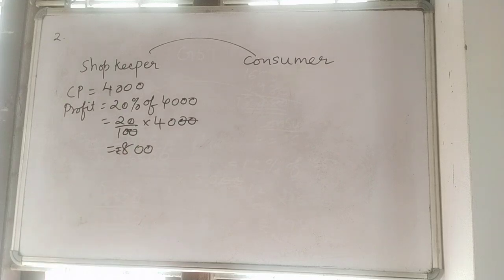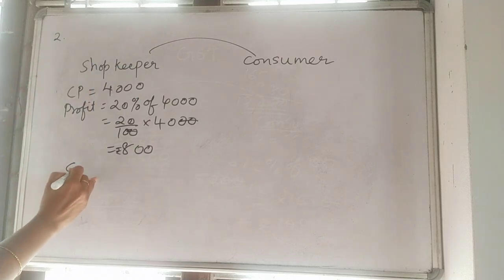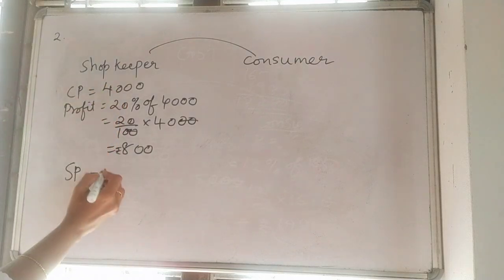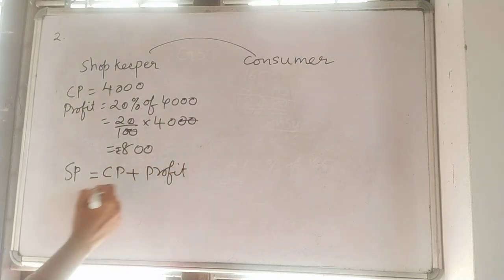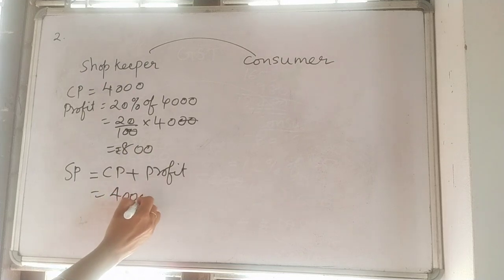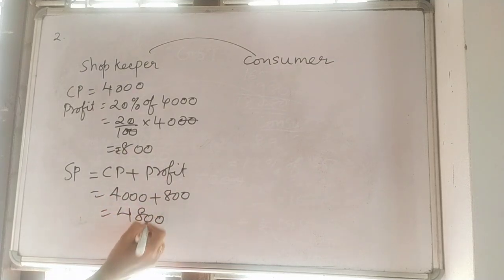So what will be the selling price of the shopkeeper? Selling price is equal to cost price plus profit, which is 4,000 plus 800, equal to 4,800. 4,800 will be the selling price of the goods excluding the tax. That is our first part.